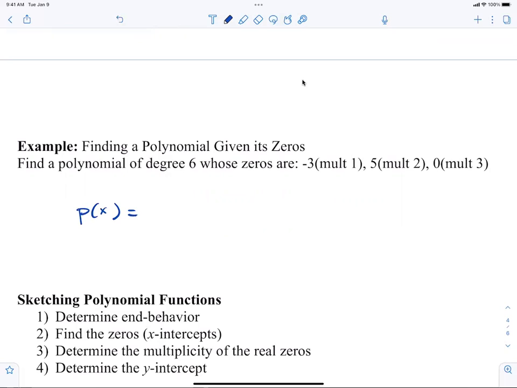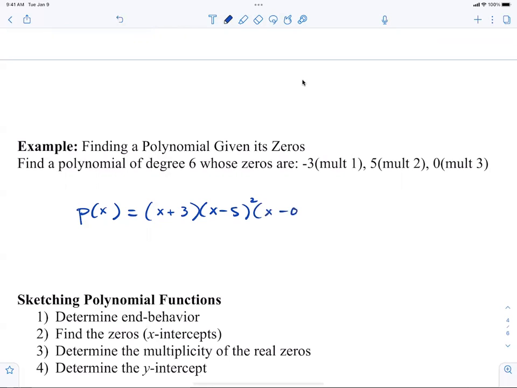Okay, so if I know the 0 is -3 with a multiplicity of 1, how would that translate to the equation of the polynomial? x plus 3, which is the same as x minus -3, right? And then 5 with a multiplicity of 2 would be written as x minus 5 squared, and 0 with a multiplicity of 3 can be written as just x cubed.